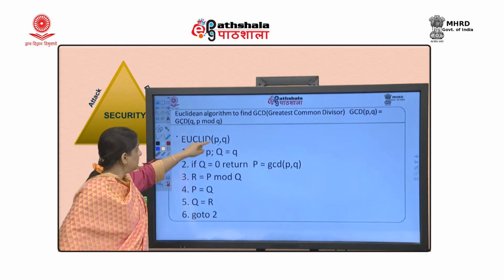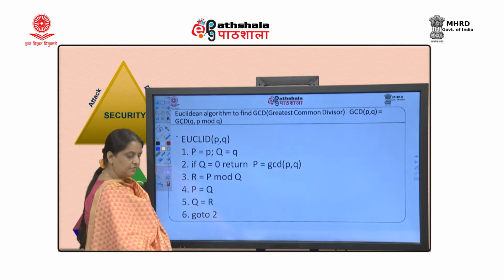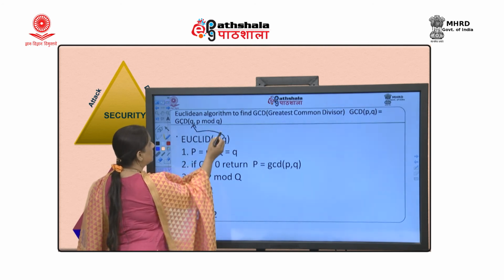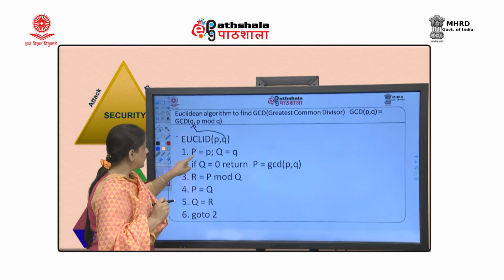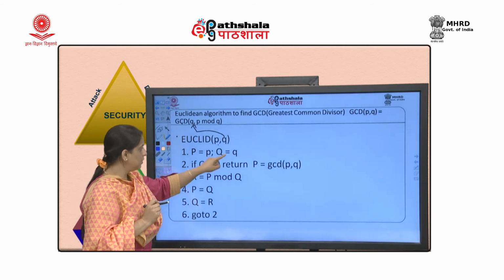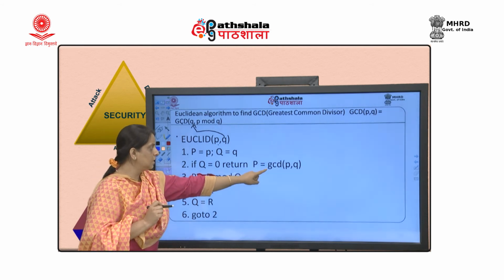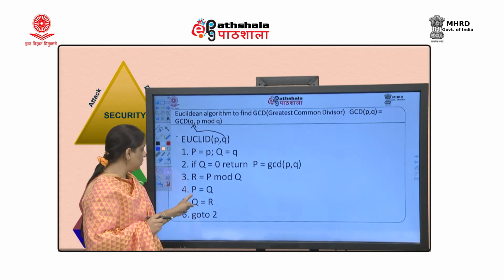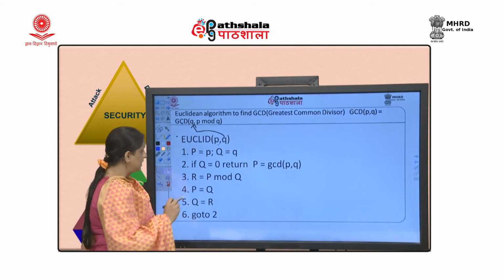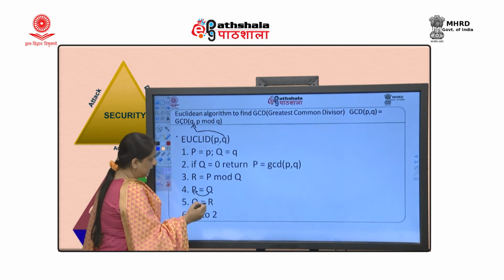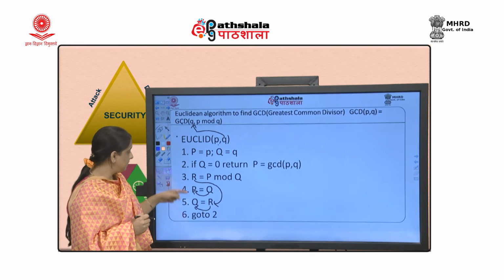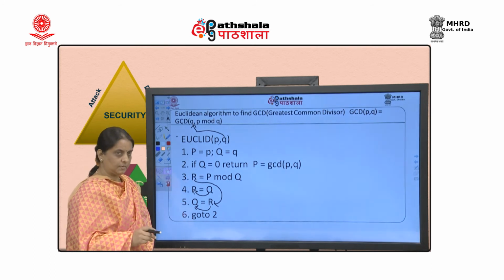It works on the basis of q, which we carry forward, and the second number is changed to p mod q. We start with p equal to p, q equal to q. If q is equal to 0, return p as the GCD of p and q. Otherwise, R is equal to p mod q. Then you interchange: q becomes p and R becomes q, and you go to step 2, until q becomes 0.